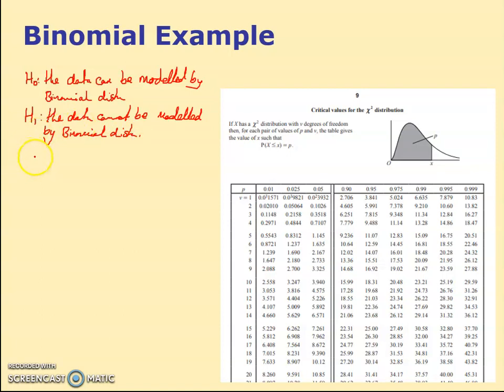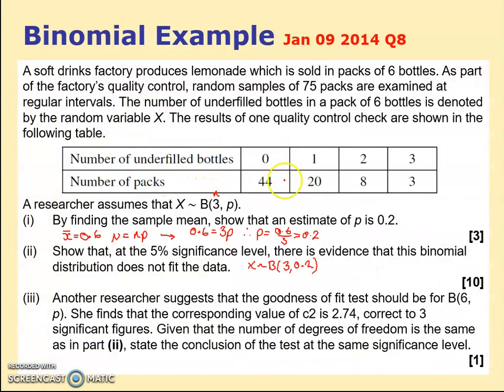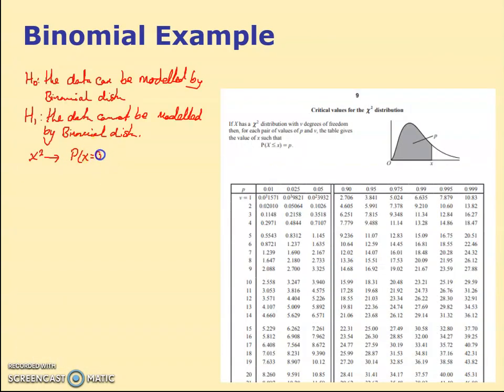And then of course we need to find our chi-squared value. We find our chi-squared value by first of all finding our probabilities that X equals all these values again. What did we have? We had 0, 1, 2, 3. So we're going to do probability X equals 0, X equals 1, X equals 2, X equals 3.